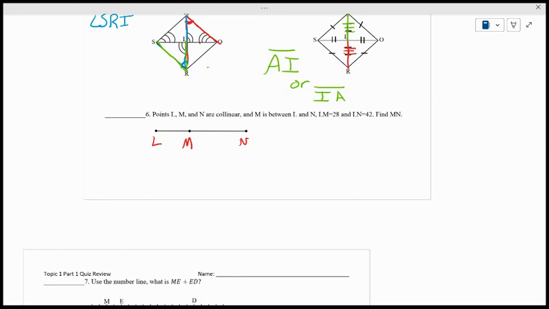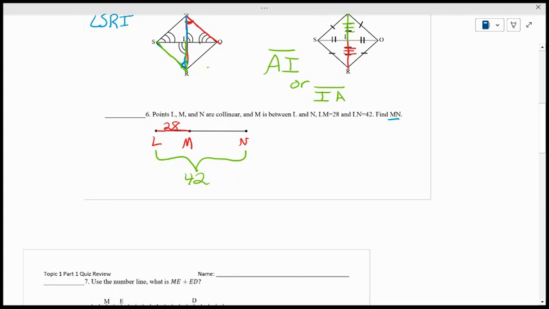LM is 28. So from L to M, that's 28. LN is 42. So from L all the way to N, that's 42.